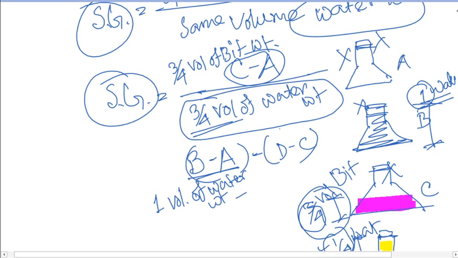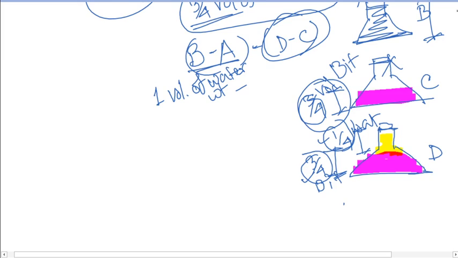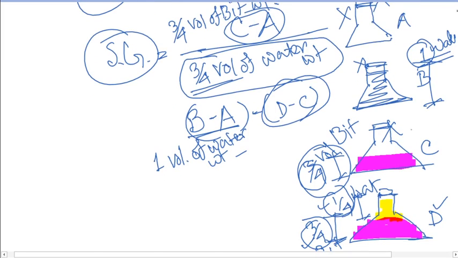And what is D minus C? In both cases the picnometer weight cancels out, and the 3/4 bitumen also cancels out. Whenever we take the weight of this volume, it might be increased or decreased from the original, but we are only concerned about the weight.